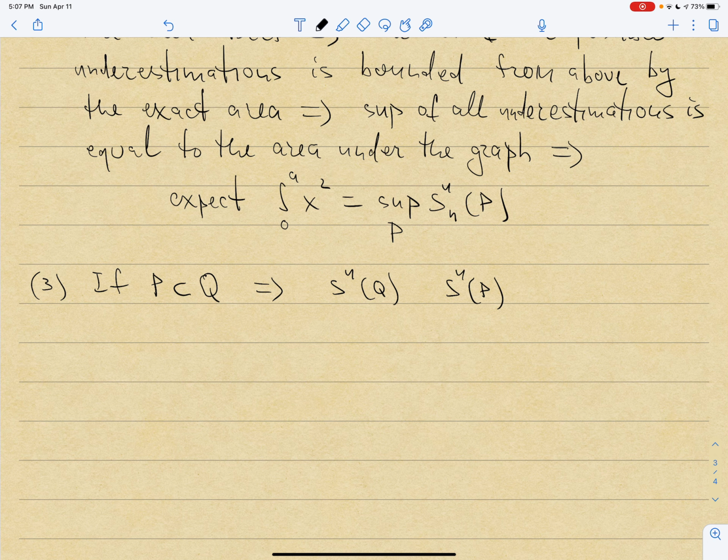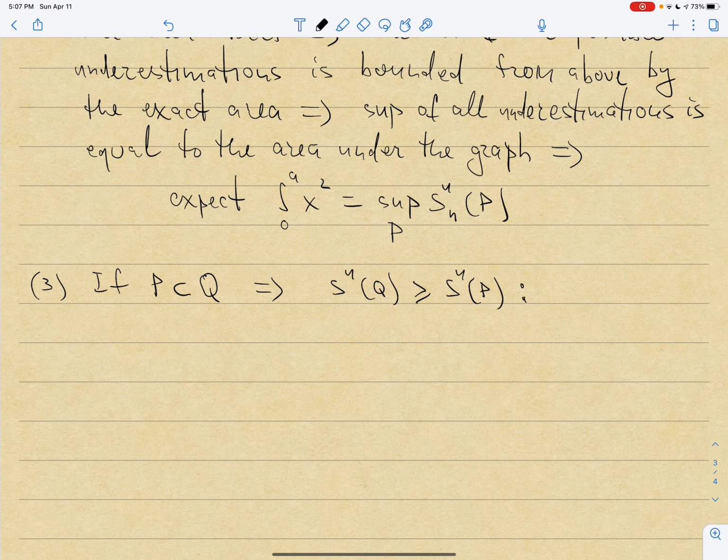That means that the underestimation of the area under the graph of my function by using a finer set of points should be closer to the actual value of the area, and because it's an underestimation, the better underestimation should be greater or equal than the worse underestimation.